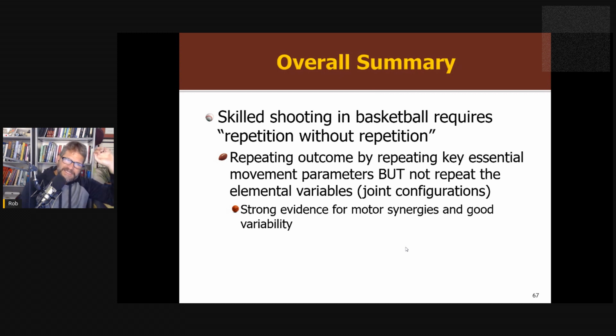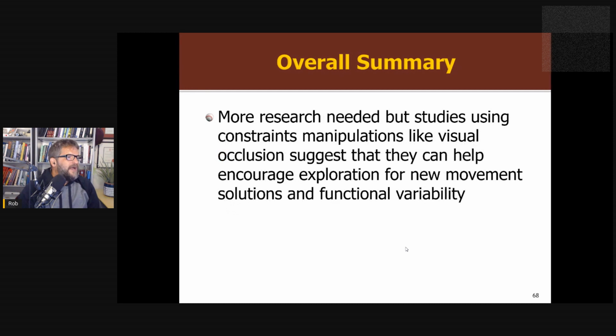You're repeating the essential variables as much as possible, so we're having low variability in release angle and release height, but not by using the exact same joint movements every time, by using different ones, right? So we're using motor synergies, good variability, not motor programs and exactly repeatable delivery. I think the research is consistent with that, and that's of course the ecological view.